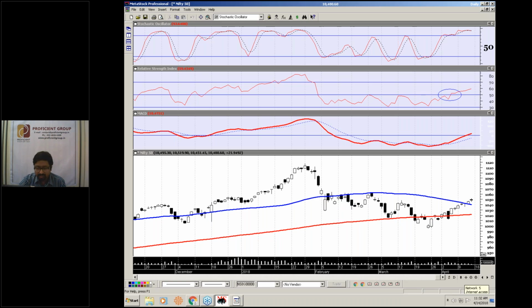Just for the sake of continuity, what is a moving average? Moving average is nothing but, when we are calculating a certain number of days' moving average, the average price of that many days historically, right? So if I am saying it is a 50-day moving average, it means it is the average closing price of the past 50 days, and it is the average closing price of the past 200 days when I am calculating the 200-day moving average, right?